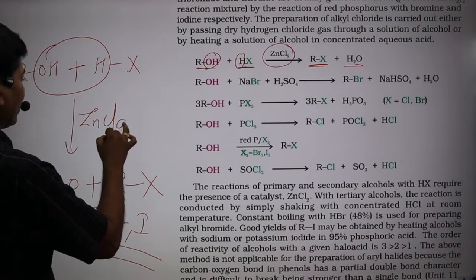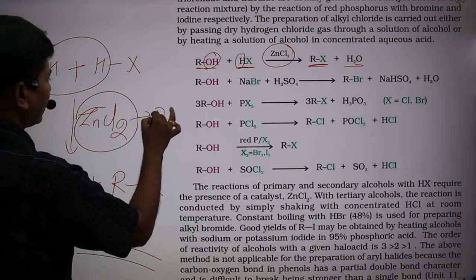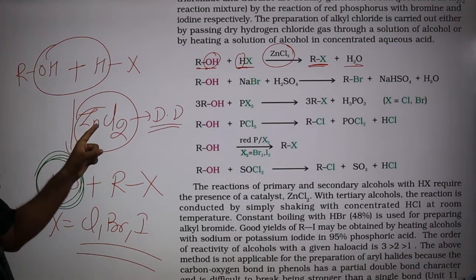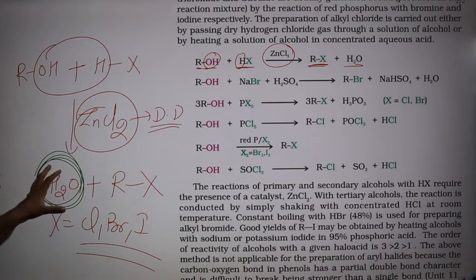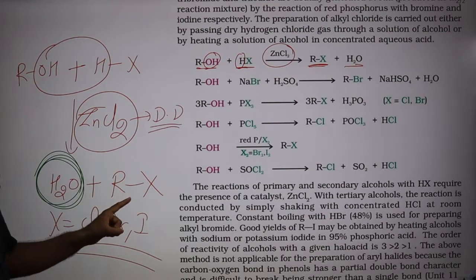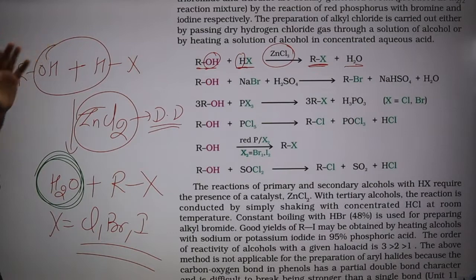Keep in mind ZnCl2 is acting as a dehydrating agent, and the dehydrating agent's job is to remove water molecules. Whatever water molecule is formed in this reaction, the dehydrating agent will absorb it, so that this water molecule should not react with the alkyl halide and convert it back into alcohol.